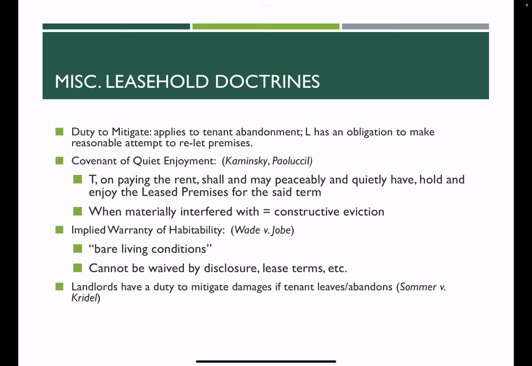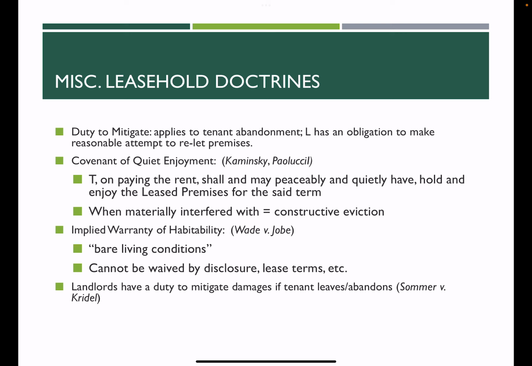So this was the Kaminsky case. The landlord was not sending the protesters onto the property, but they were also not doing anything about it. So that's an omission. And the takeaway from the Kaminsky case is that omission and inaction, as well as affirmative conduct, can violate the covenant of quiet enjoyment.